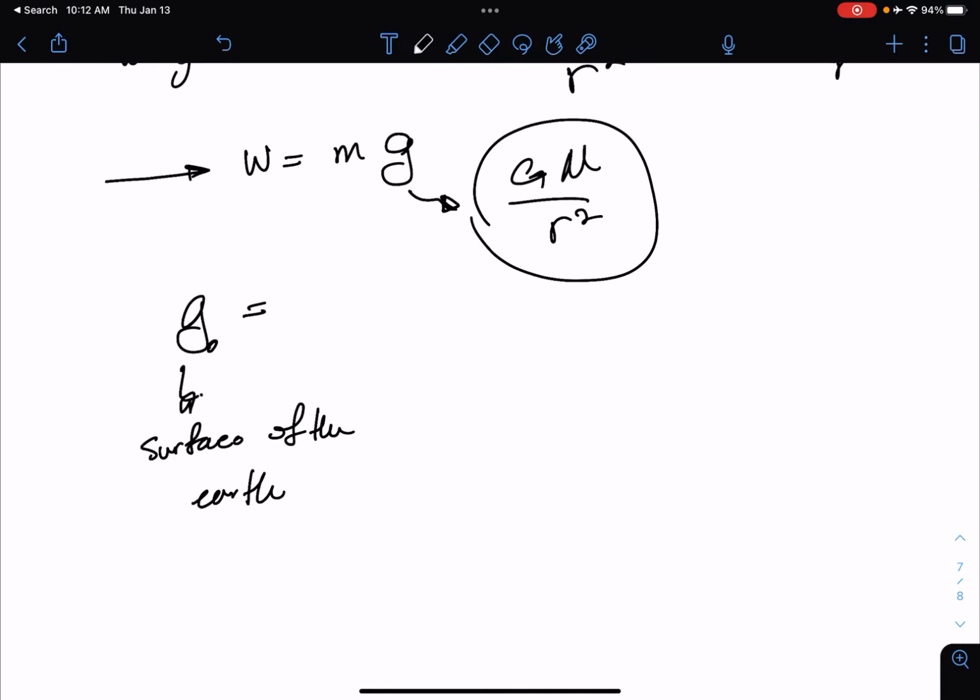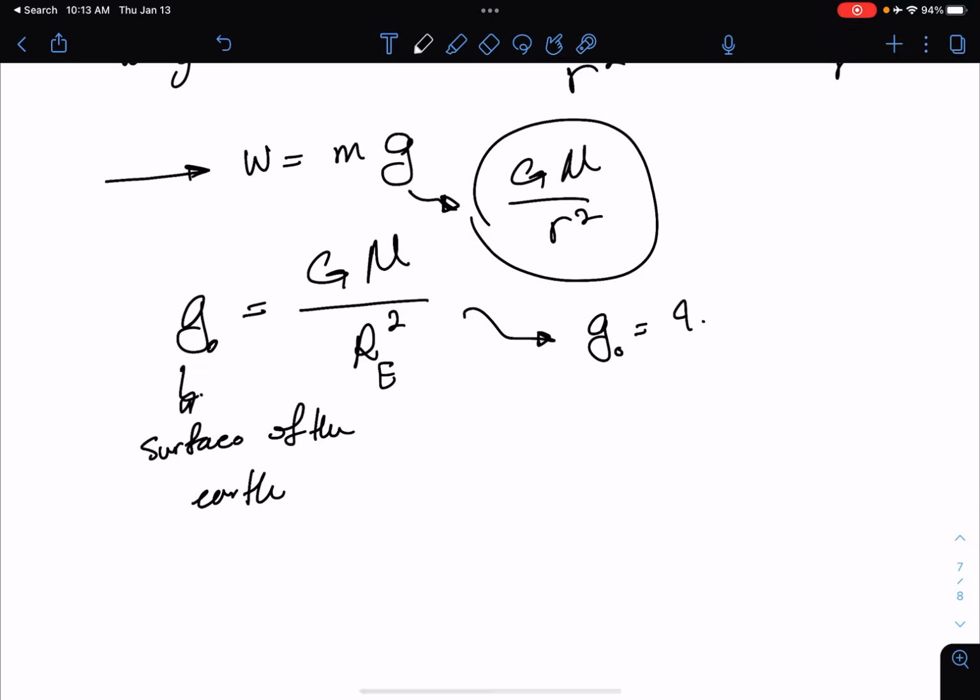And g naught is the universal gravitational constant multiplied by the mass of the Earth divided by the radius of the Earth to the power 2. And we are to assume on the surface of the Earth, g naught is always 9.807 meters per square second.